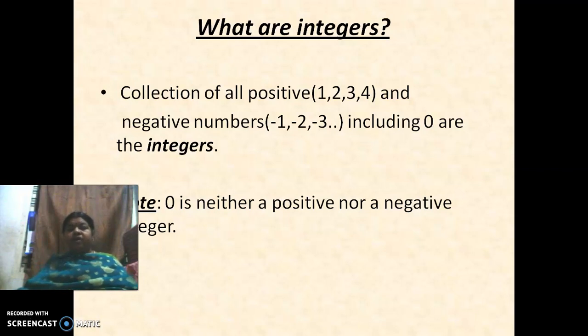So the collection of all positive and negative integers, minus 1, minus 2, minus 3, including 0, are the integers. While writing the numbers 1, 2, 3, 4, we do not mention the plus symbol.